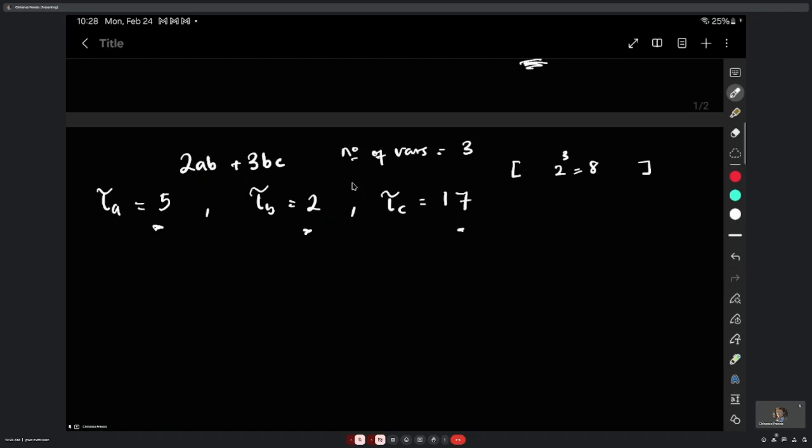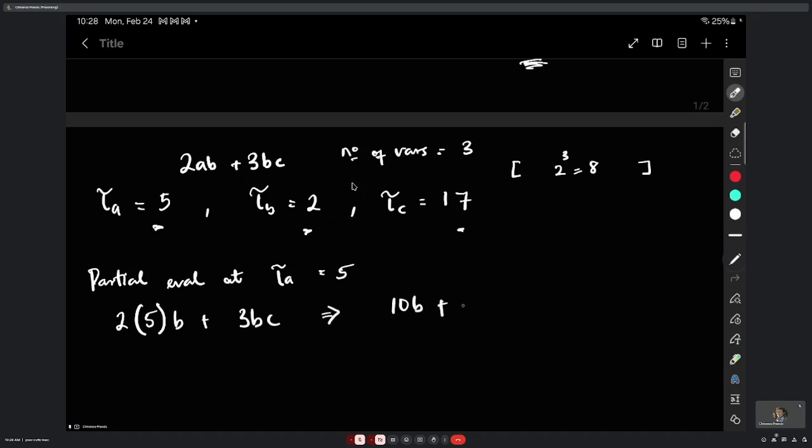So partial eval at tau of a equal to 5 gives 5b plus 3bc, which is 10b plus 3bc.